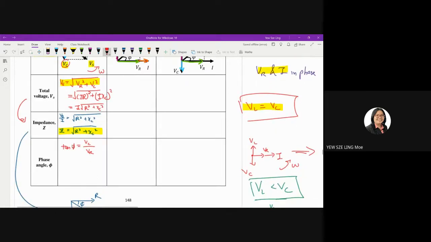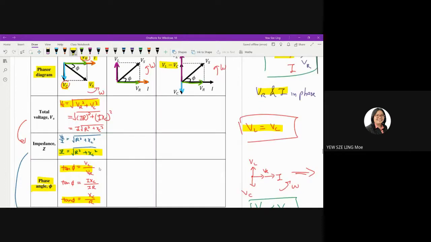If you expand the equation, you can also calculate tangent phi using IXC over IR, which is equal to XC over R. So the phi can be determined using these equations as well. You just rearrange it until you obtain phi equal to the angle. So the phase angle phi can be determined using these three equations, provided you have VR and VC.